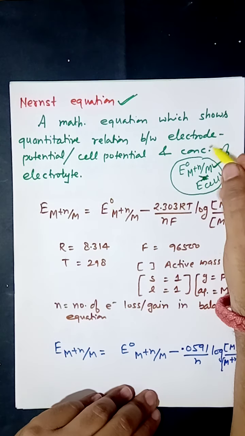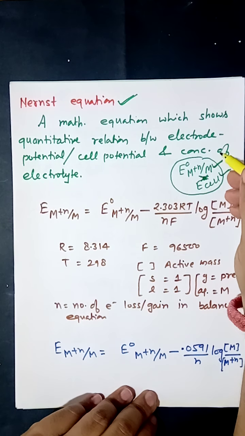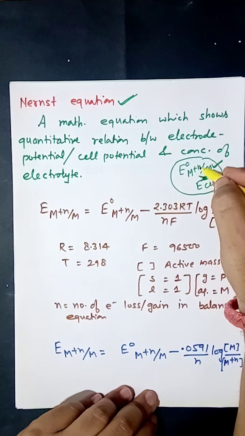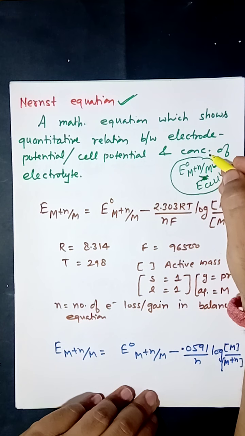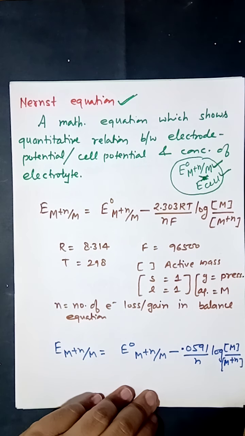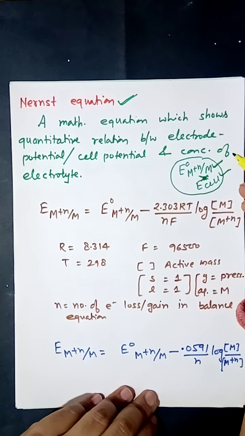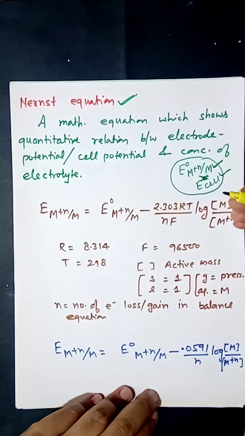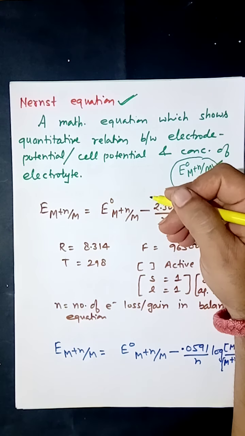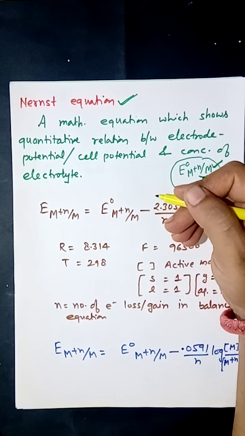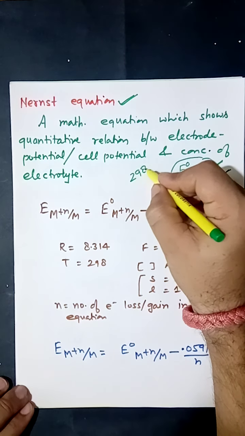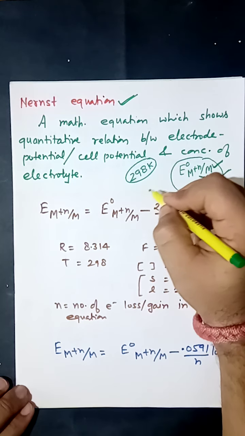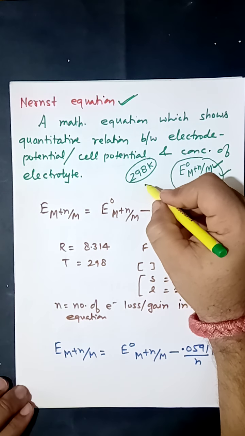Mainly as per our syllabus, we have to find cell potential and electrode potential at concentrations other than 1 mole per liter. Definitely the temperature and pressure may change, but as per our syllabus we will determine at the same temperature, 298 Kelvin, which is the standard condition. But in our questions, the concentration will be changed.